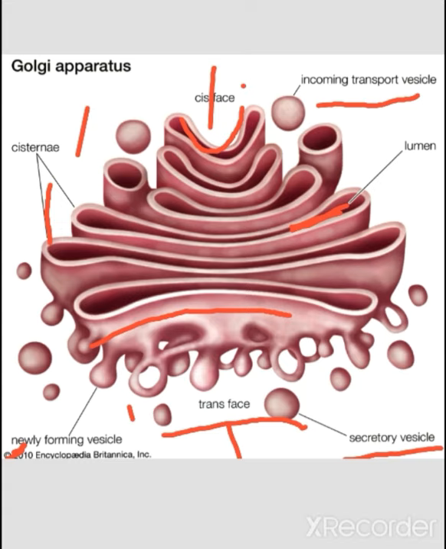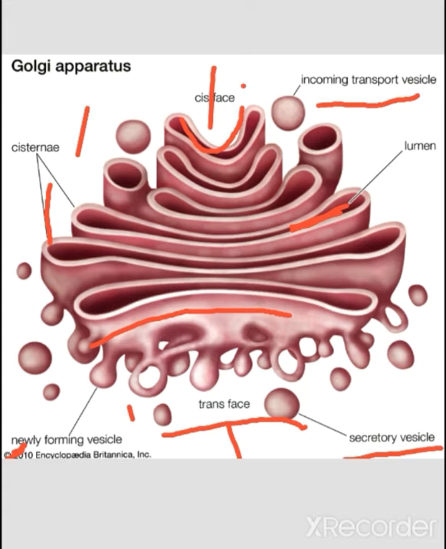If we talk about the function of the Golgi apparatus, it principally performs the function of packaging materials, and the materials could be proteins and other products synthesized in the cell, mainly proteins or lipids. These are synthesized in the endoplasmic reticulum and delivered to the Golgi apparatus for further modification.